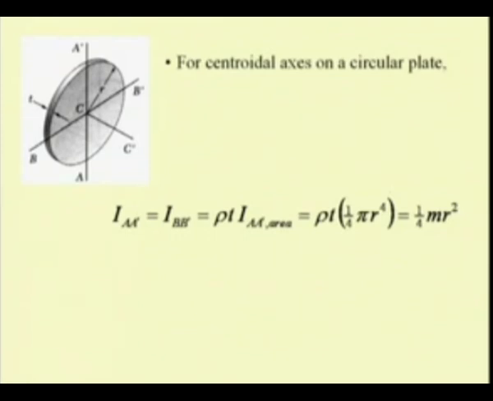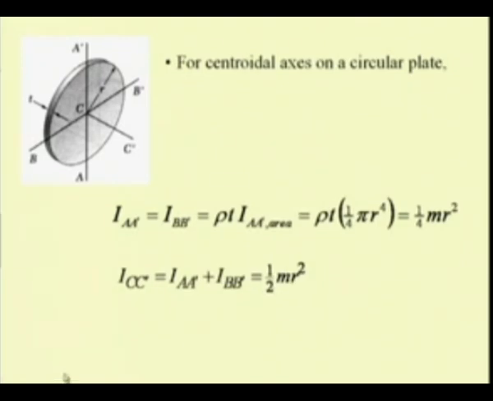Mass is nothing but rho times the volume. The volume of this disc is pi r square times T, and so from this we get this expression, that is 1 by 4 m r square. And the polar moment of inertia with respect to the perpendicular axis, that is C prime, is nothing but the sum of these two quantities, which becomes half m r square.